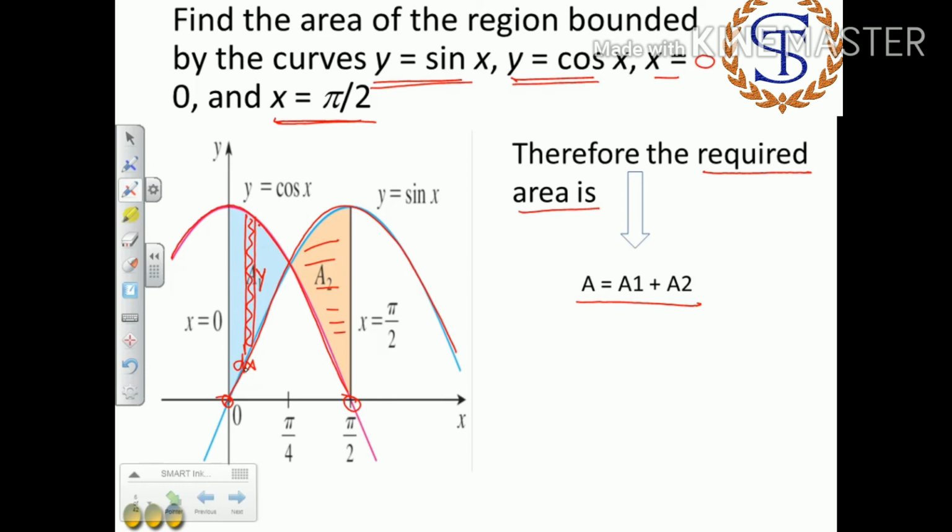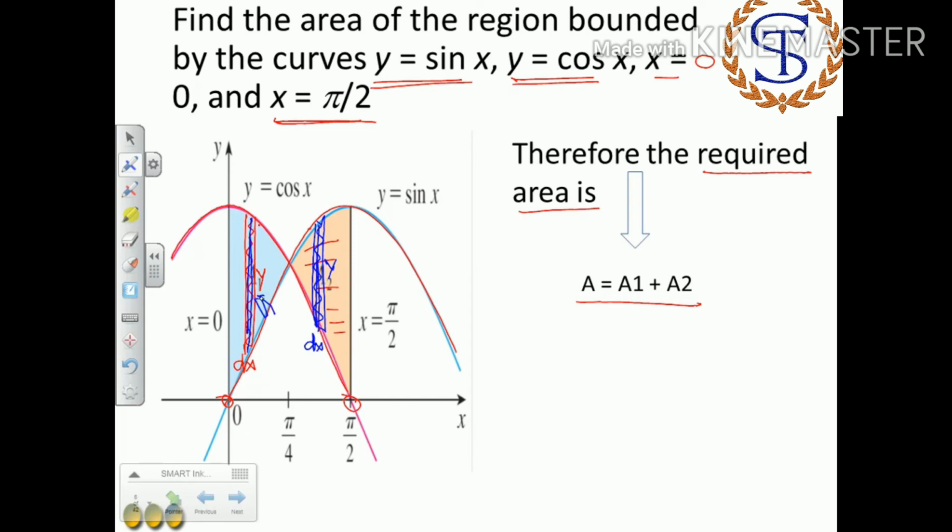So the area of this strip is y dx. In the similar way, to find the area of this, again we have to consider a rectangular strip in this portion, and again the width of this rectangle is dx and the length is y. So the area of this rectangular strip is y dx.